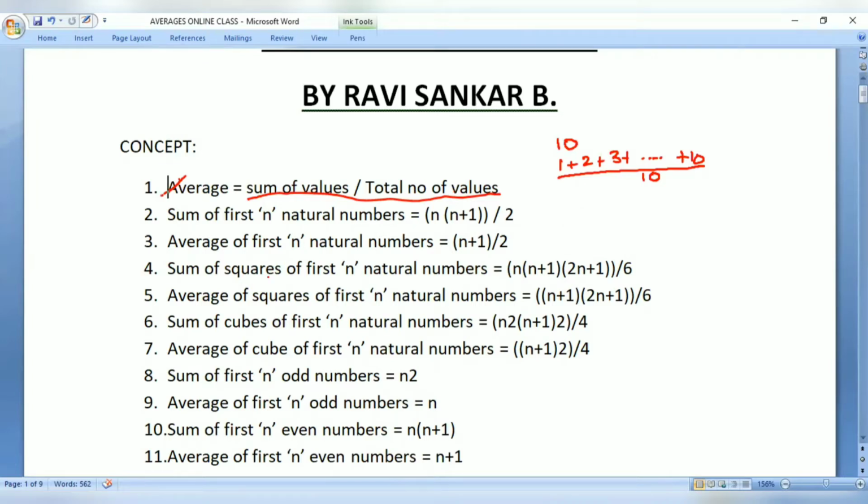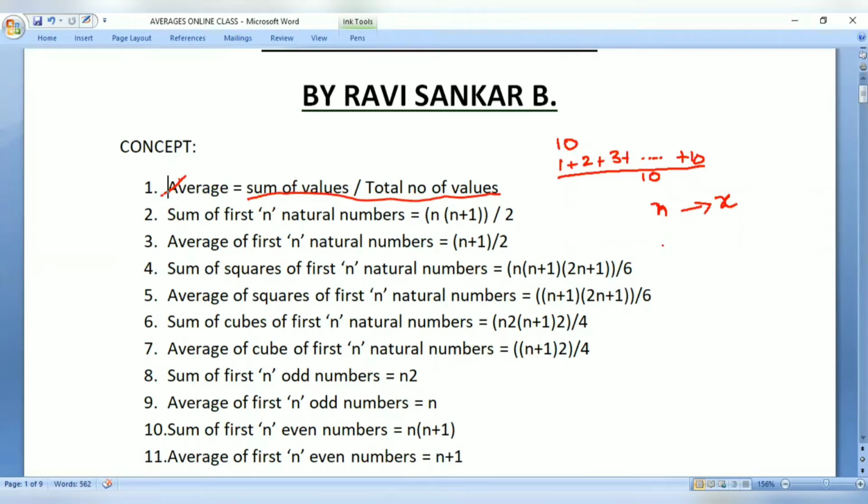And along with this concept, we also need to understand certain basic aspects. Okay, now see, for example, if there are some items, let us say n items, and if you are asked to calculate the average, it results in some value, say x.